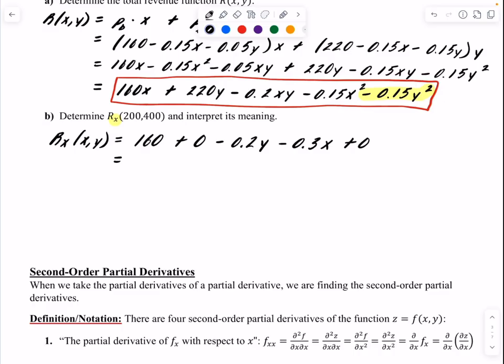I'm going to clean this up. I don't really need to have the zeros there. I had them just so you can see the derivative of some terms would be 0. So this is 160 minus 0.2y minus 0.3x. Now I'm going to go ahead and plug in 200 for x and 400 for y.